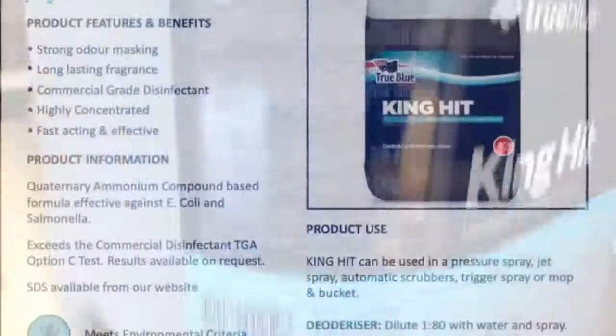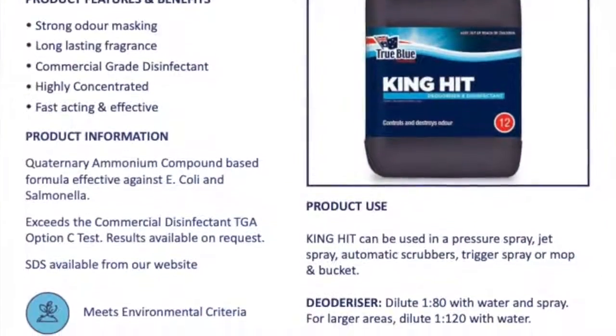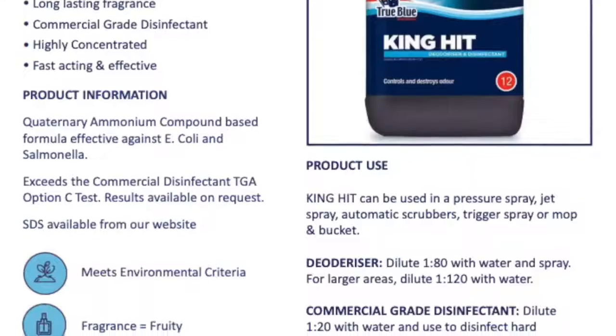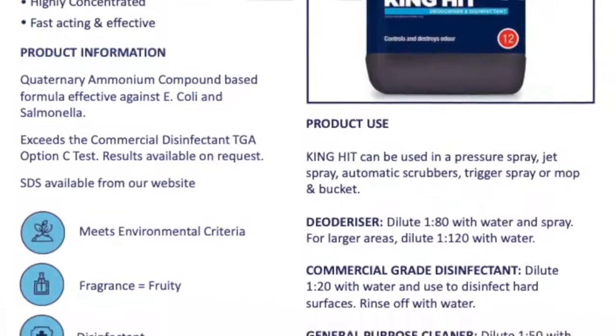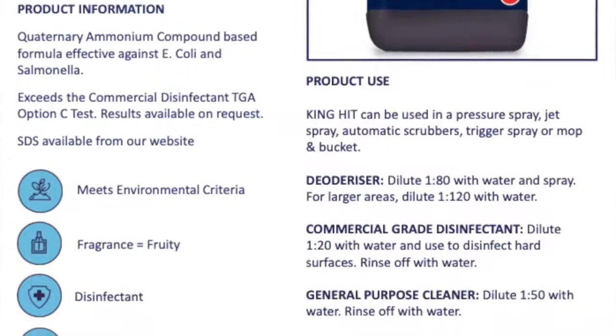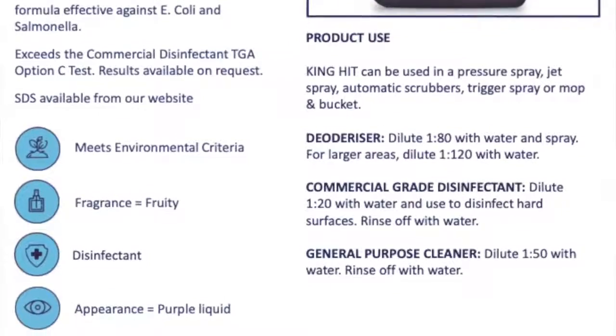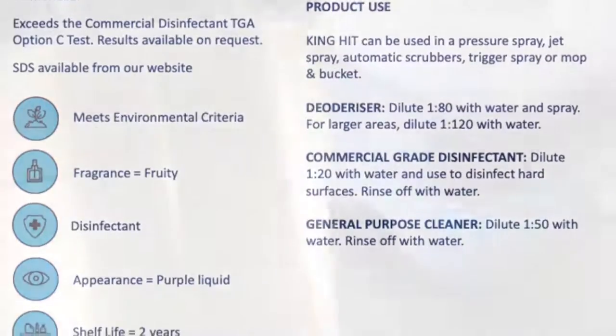We would prefer to use this on most surfaces for a few different reasons. So first we'll zoom in and have a look at the ratio. You can see there the commercial grade disinfectant, it says 1 to 20 with water. And that's pretty much what we would use to disinfect surfaces like this and other hard surfaces.